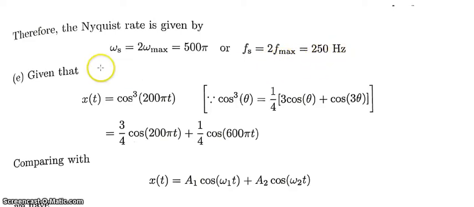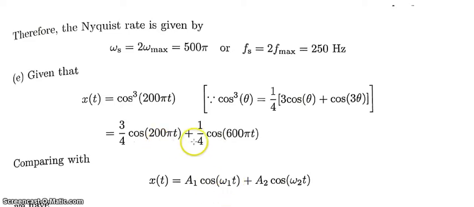The next question, part E, is x(t) = cos³(200πt), and we know cos³θ = 1/4 (3 cos θ + cos 3θ). Therefore we get 3/4 cos(200πt), where 200πt is θ, plus 1/4 cos(600πt).